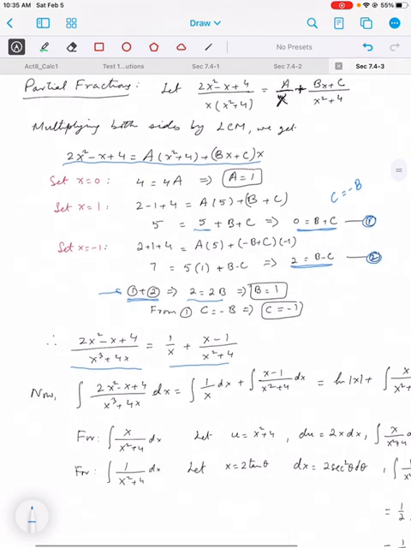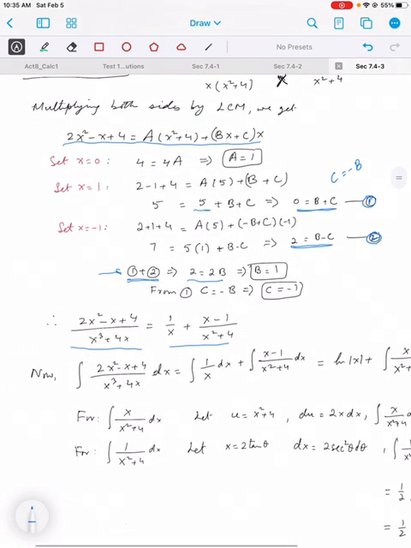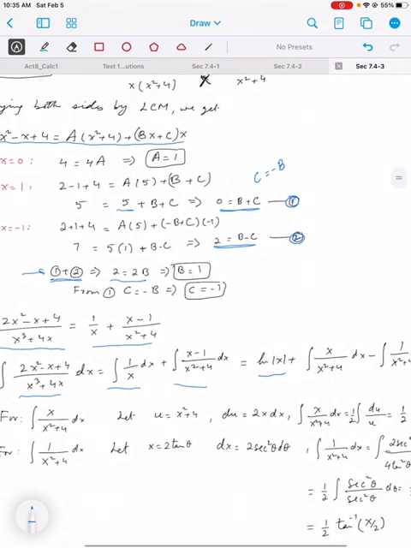So that now we can go back and say, okay, the integral of our given fraction will be equal to the integral of this plus the integral of that. Now the first one is easy to integrate, just ln of absolute value of x. But the second one, again, now we have to do further steps.